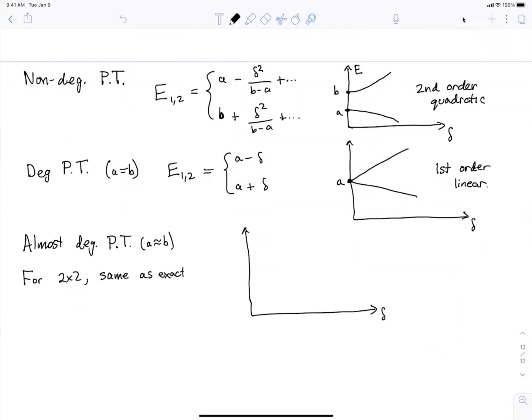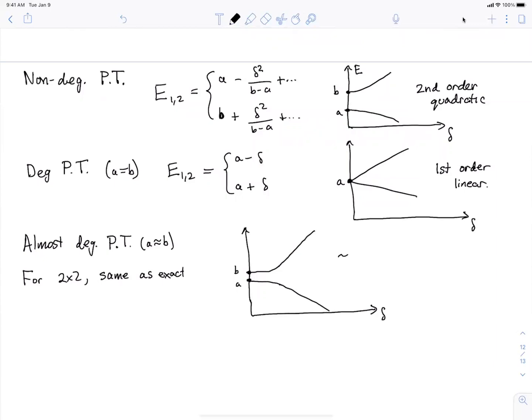And now I'm taking as my starting initial condition the two states very close together. This is A and this is B. And if you graph it, you find out it starts out looking quadratic. So this one's going up a little bit, and this one's going down a little bit. And then when delta gets larger, it starts to go linear. So it asymptotically goes linear, sort of like that.